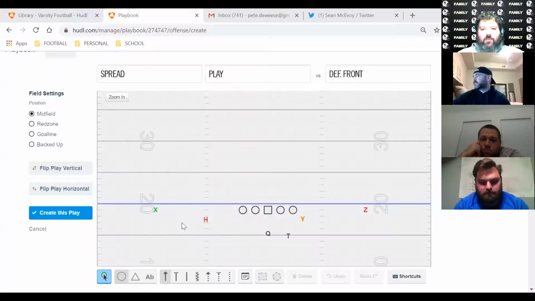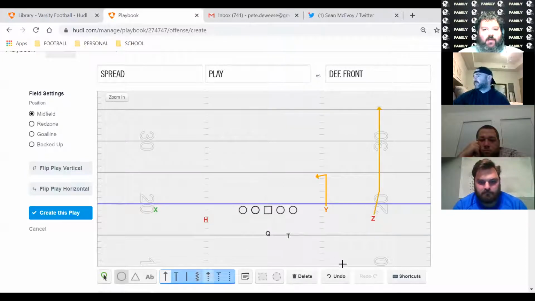With my game plan for empty, and in my head what I want empty to look like, that's admittedly one of the struggles for me. Just to give you an idea, if we were in a 2x2, and let's say Y stick, just traditional stick, we're going to release here and get the back into the flat.